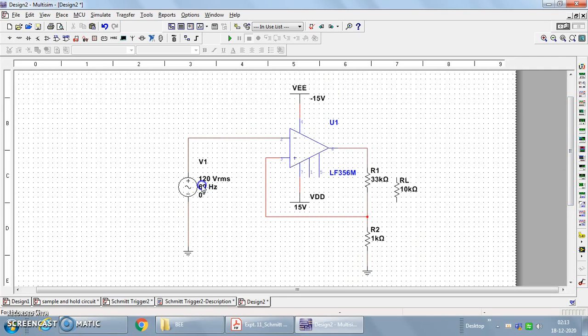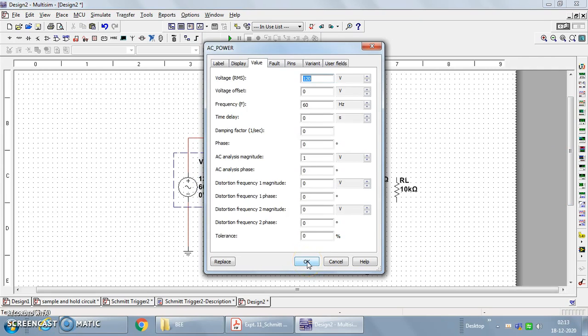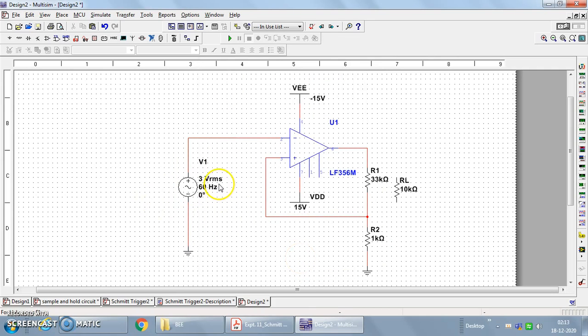Now let us change the settings of the input voltage. Let us make this 3 volts RMS, with a frequency of 60 Hz. So this is the AC input voltage, and this is what the complete connections look like with the LF356M Op-amp IC.